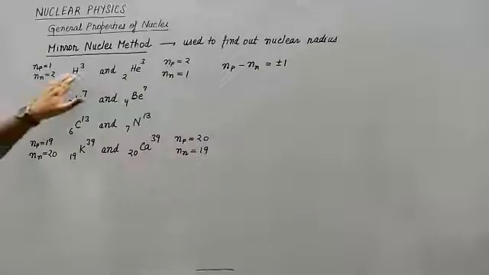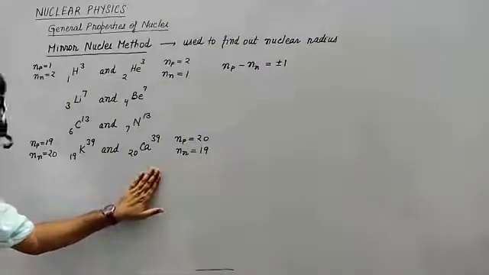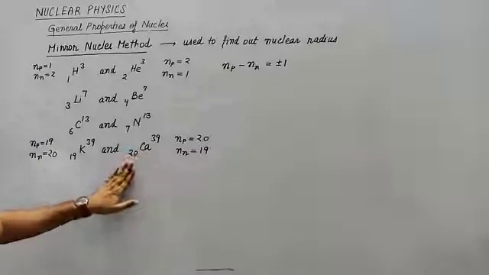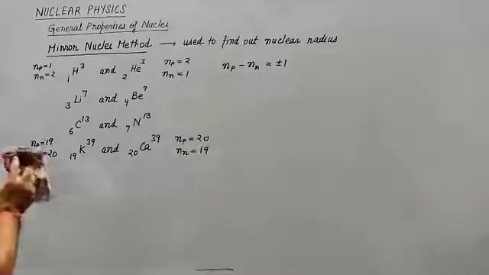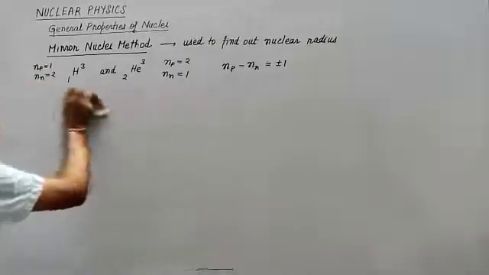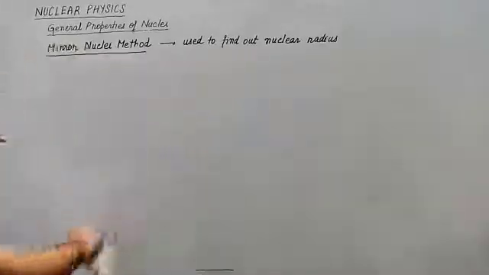And these sets of mirror nuclei can be used to find out the nuclear radius. How can we use these mirror nuclei to calculate the nuclear radius?